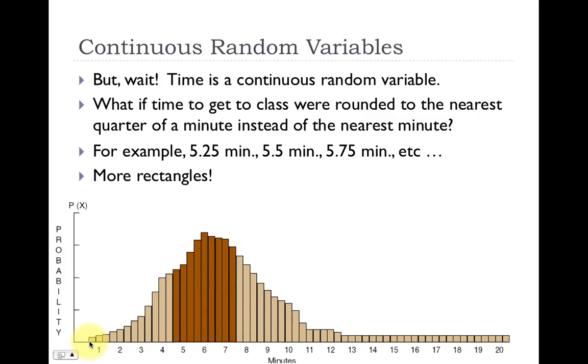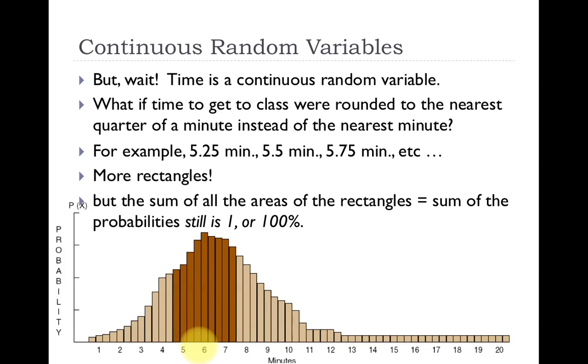Okay, so instead of just 5 and then 6, we have 5, 5.25, 5.5, 5.75, and then 6. And what if we were to do this to an even finer degree of measure? What if we were to measure this to the nearest tenth of a minute?